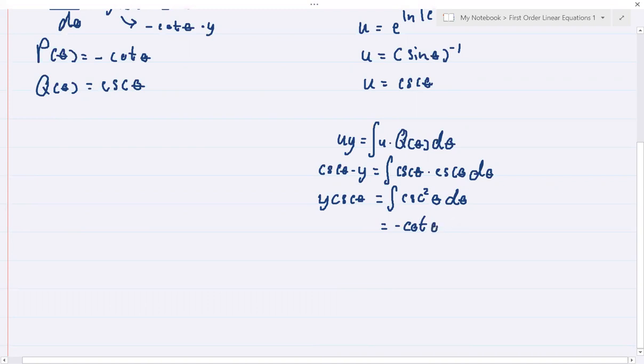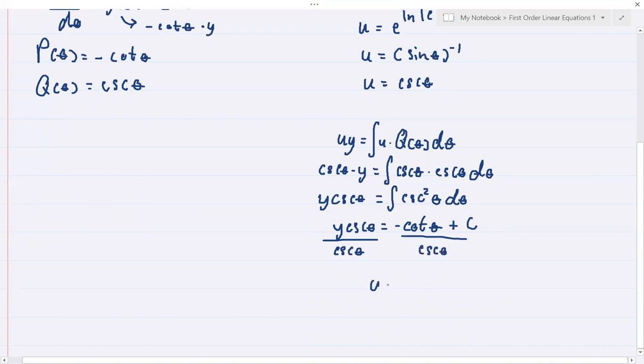If you don't understand what I mean, then I suggest you review your calculus 2 or your integral calculus, because the integral of cosecant squared theta is negative cotangent theta. So that's it. This could be your final answer. Or you can simplify this by dividing cosecant theta on both sides.